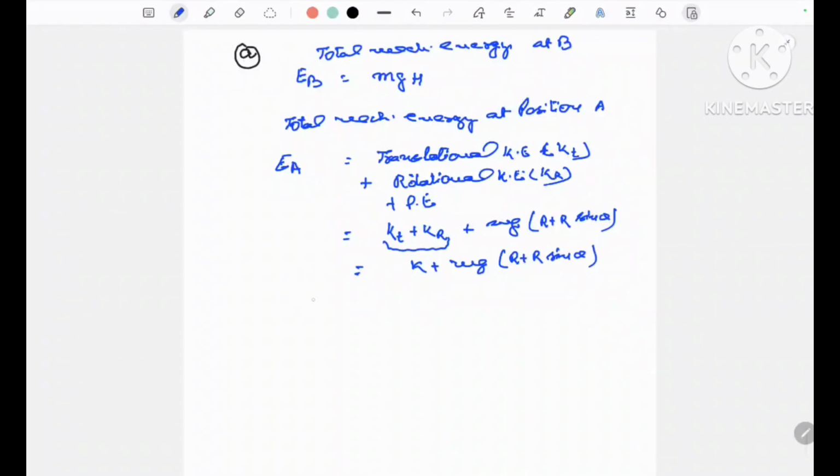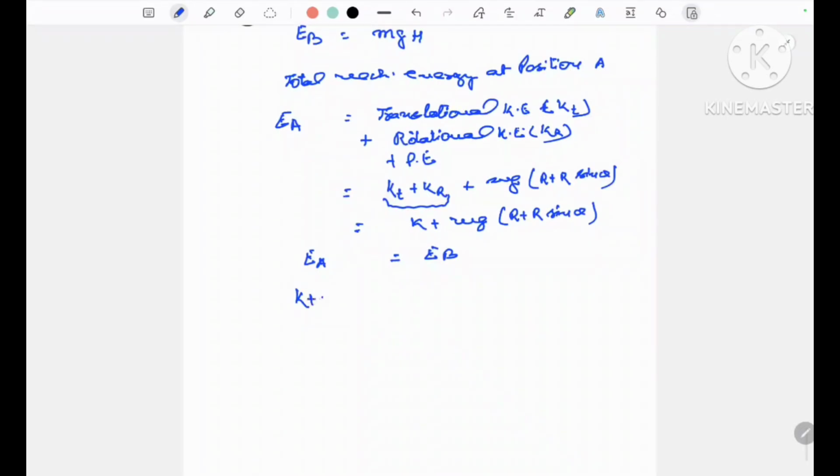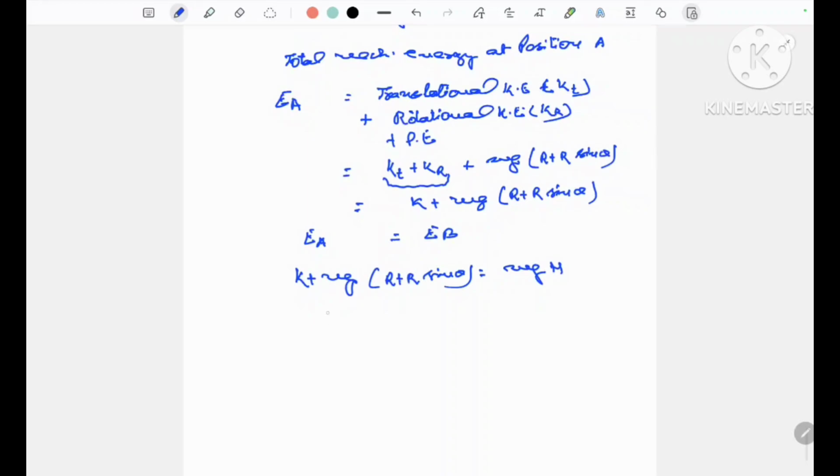Conservation of energy, EA will be equal to EB. K plus mg(r plus r sin theta) equal to mgh.